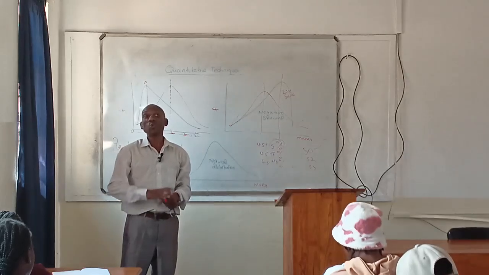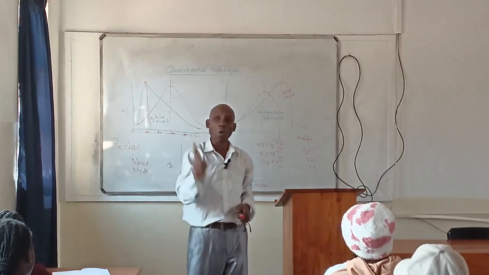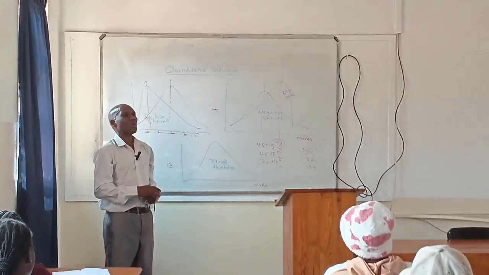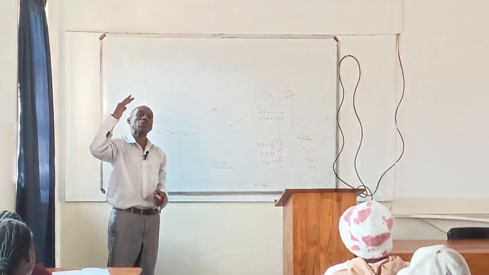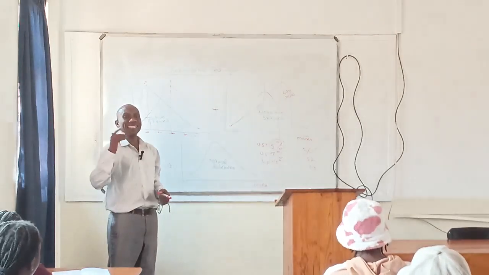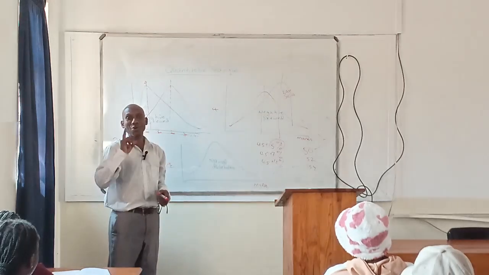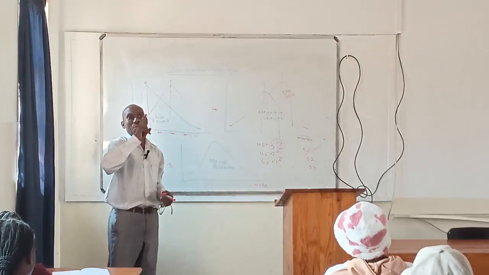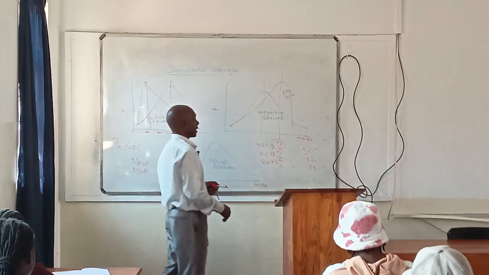Make sure you know how to construct a frequency table, or how to arrange numbers in order from the biggest to the smallest, in either ascending or descending order. You have to know that.